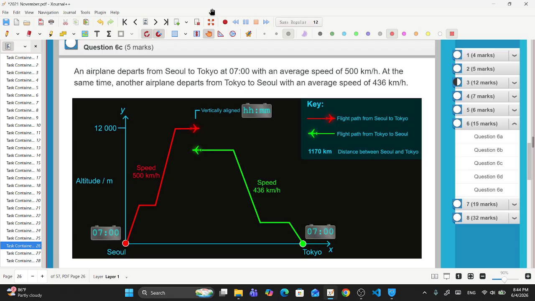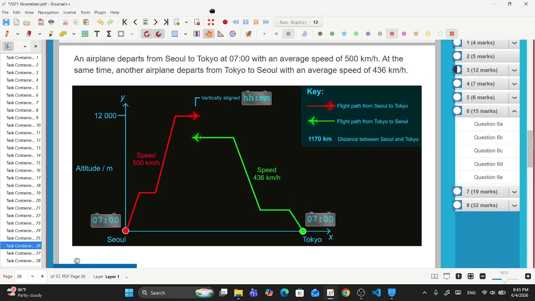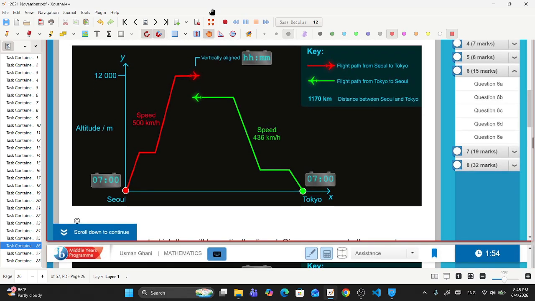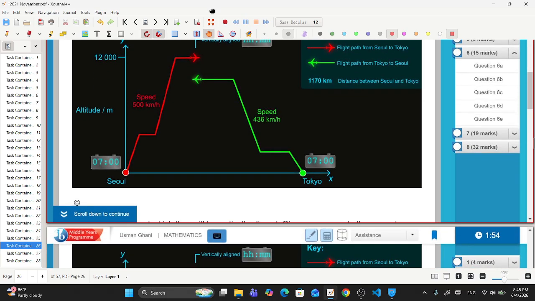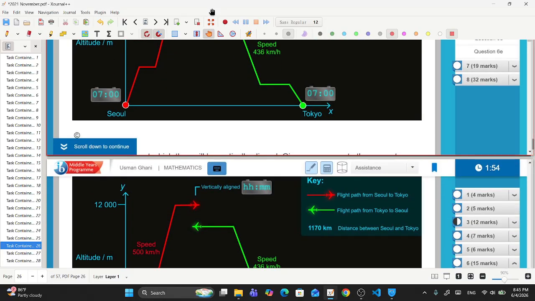At exactly the same time, another airplane departs from Tokyo to Seoul with an average speed which is lesser. If the speed is less, the distance remains the same, but it is definitely going to take more time to travel the exact same distance.